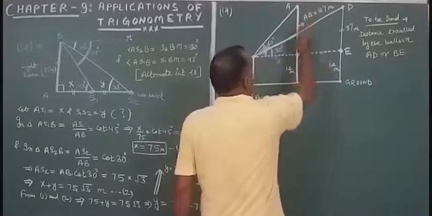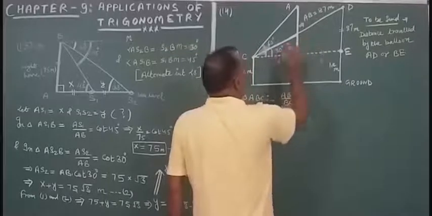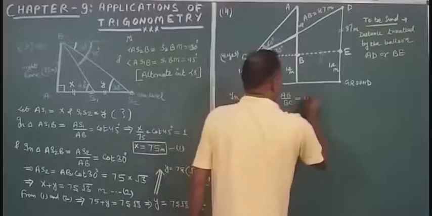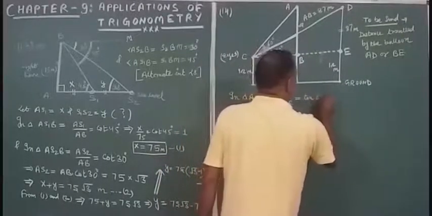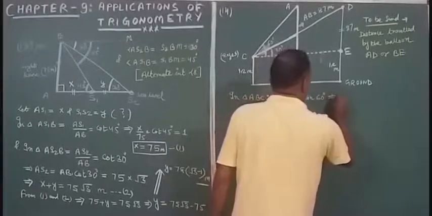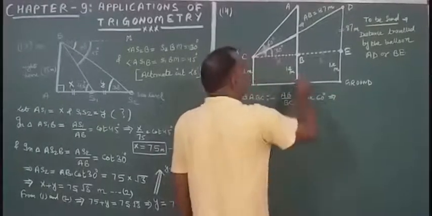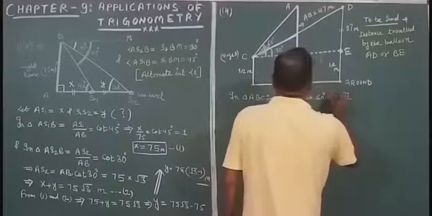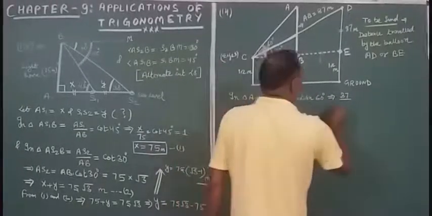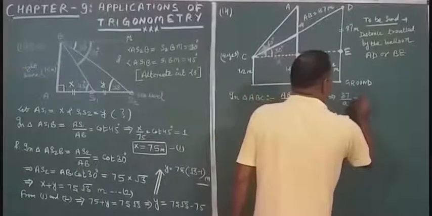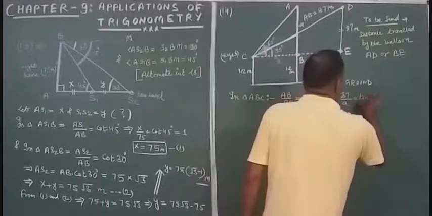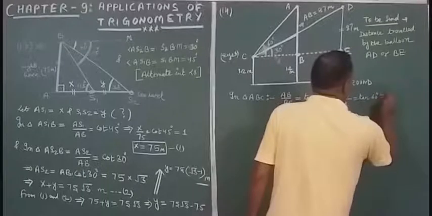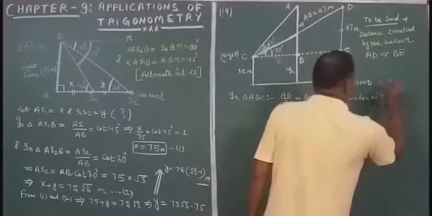AB upon BC, perpendicular upon base, is tan theta. This is tan 60. What is the value of AB? That is 87. And what we take this value BC, A, is equal to tan 60. Tan 60 is how much? Under root 3.